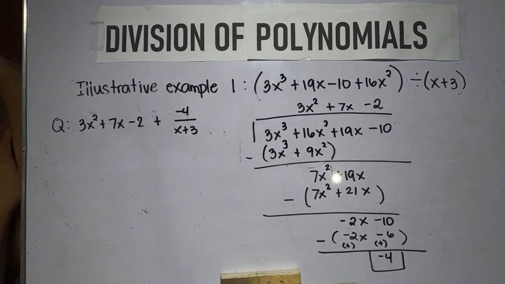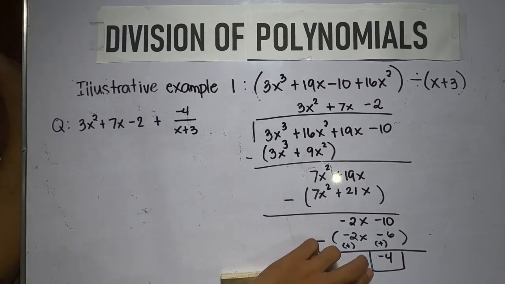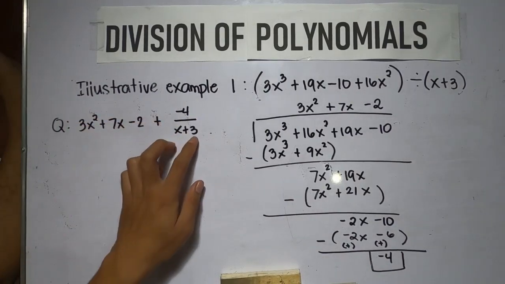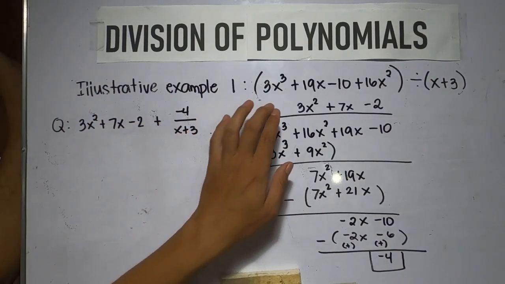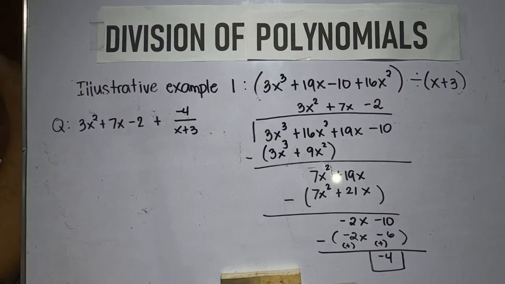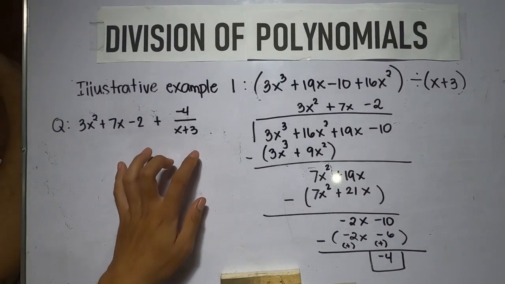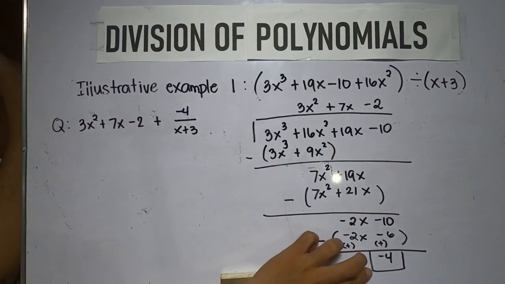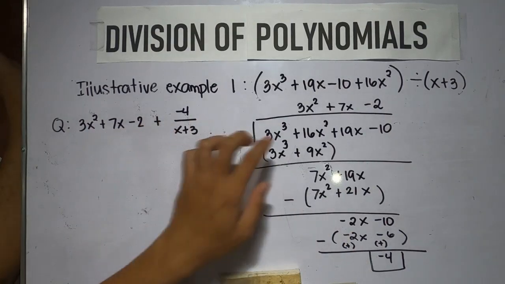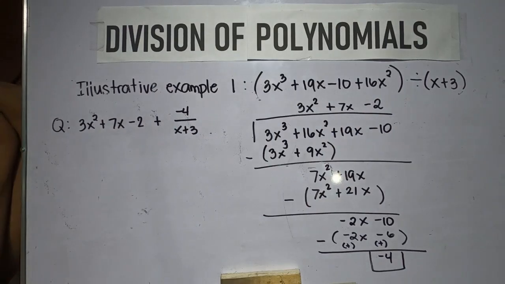So as you notice, we write the remainder as negative 4 over the divisor because that is a polynomial expression. So remember, you will write the remainder in terms of the value of the remainder divided by your divisor. That is our answer.